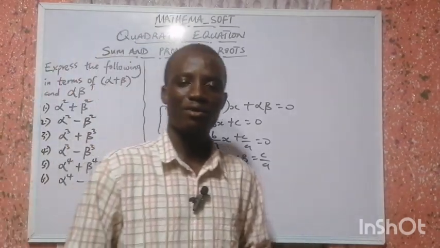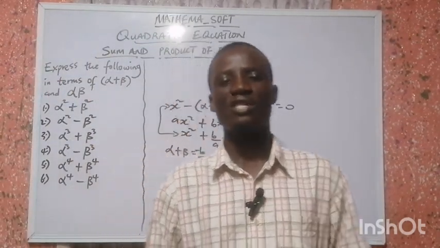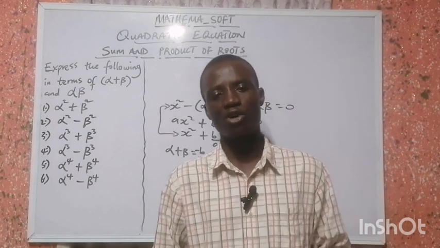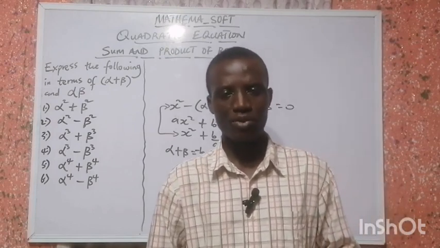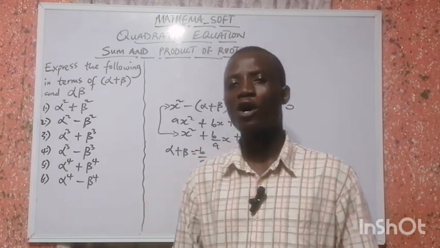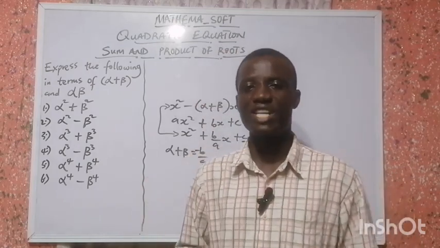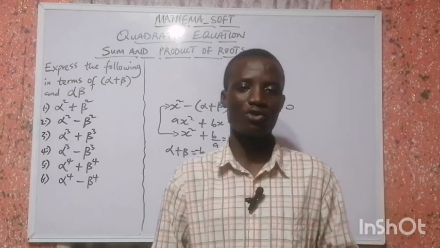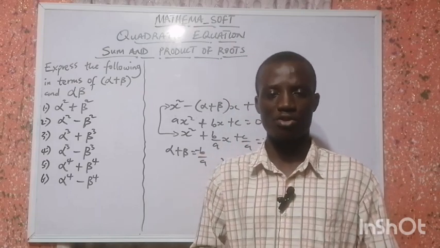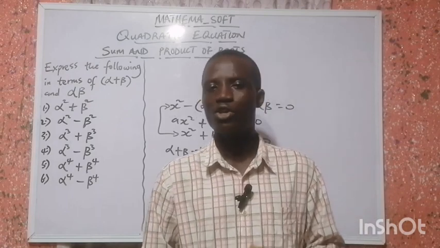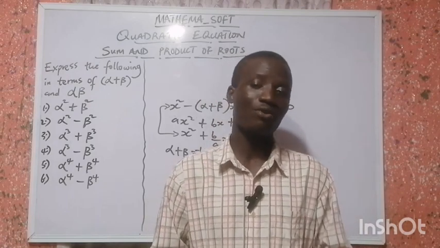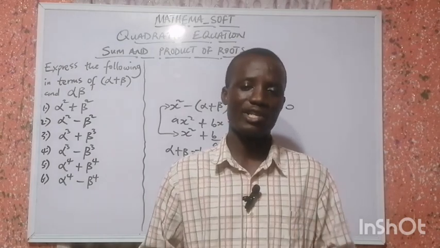There are many questions that may require the knowledge of the sum of roots and product of roots in quadratic equations. And today, before we go into questions relating to sum of roots and product of roots, let's first lay a foundation, so that when you have a solid foundation, you can approach the questions that you may encounter so easily.